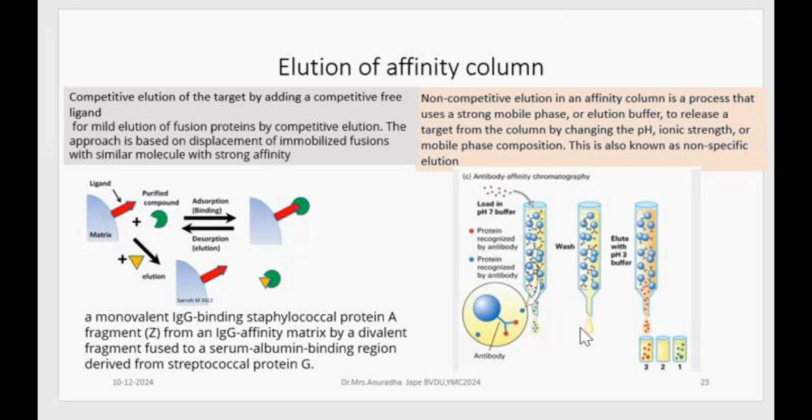With this, we have tried to summarize, with some examples, the application of affinity chromatography in the study of biomolecules, right? In short, you can use affinity chromatography for enzyme preparations or enzymatic studies. You can isolate enzymes, and you can go for purification of antibodies. You can use it for study of biological interactions.